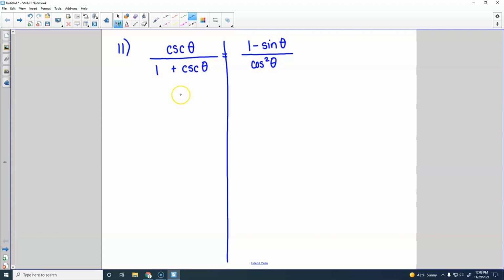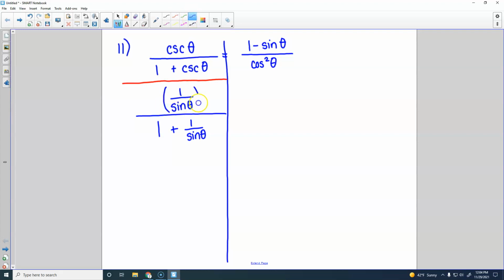So, cosecant is 1 over sine theta. And if you've got a different color pen, you might want to put a line between each step, especially when you're dealing with these complex fractions, because it's easy to get mixed up what's the numerator, what's the denominator.